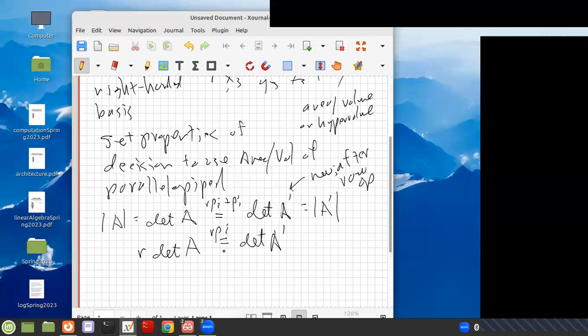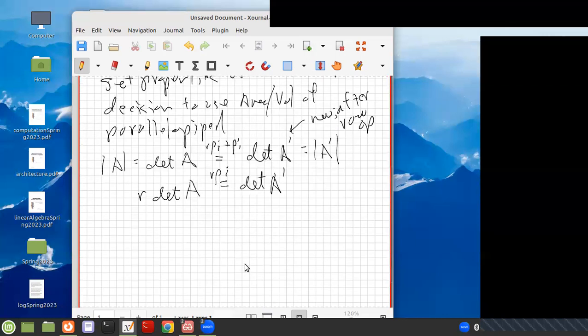Practically, you can factor a common factor out of a determinant: take a determinant of a matrix, factor out a row, and pull it out.